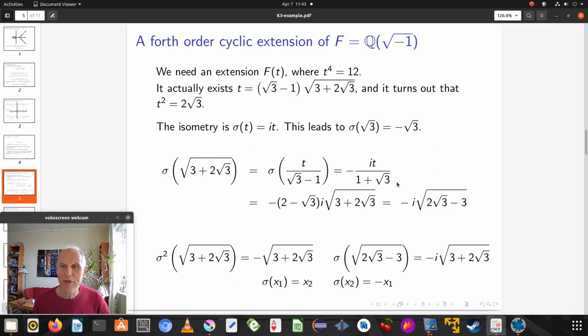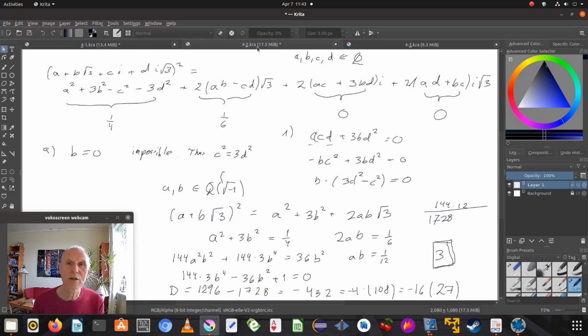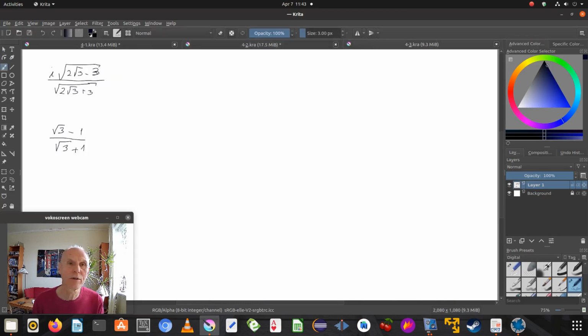And 1 divided by minus... then we have to substitute what t is. That's square root 3 minus 1 divided by 1 plus square root 3. We must do that. That's here. So we extend by the numerator.